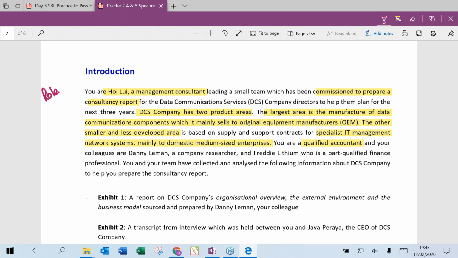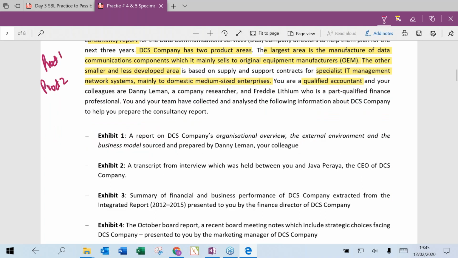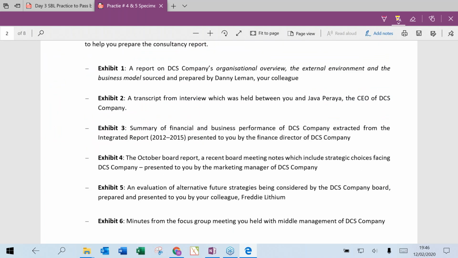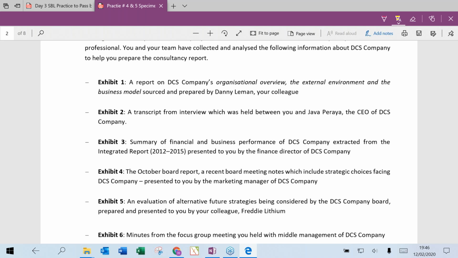Okay, let me do my referencing. Do you remember the referencing? There was this role, and product one is called data communication component, and this one is information about product 2. That's it, product 1 and product 2. Let's look at the list of exhibits. Exhibit 1, a report on DCS company's organizational overview, the external environment, and the business model, sourced and prepared by Danny Lehman, your colleague.